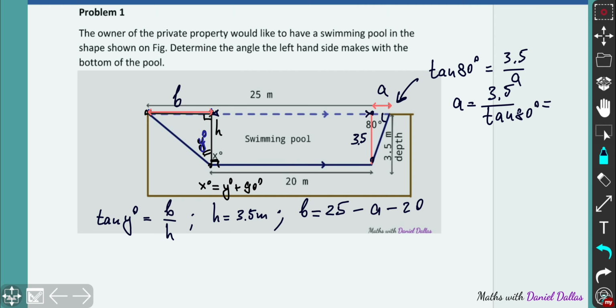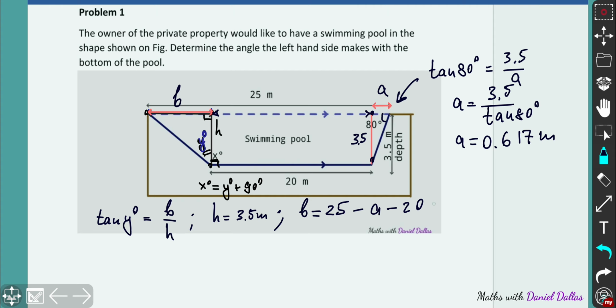So first of all, let's calculate 3.5 over tangent 80, which is a. Use a calculator, guys, and don't forget to switch into degree mode so that you'll have the right answers. So tangent of 80 degrees, and side a is 0.617 meters, almost half a meter.